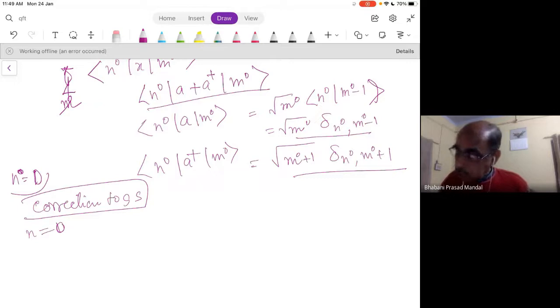So n equal to 0, the zeroth order, and then m has to be 1. So the first term will give you root 1 and this 1.